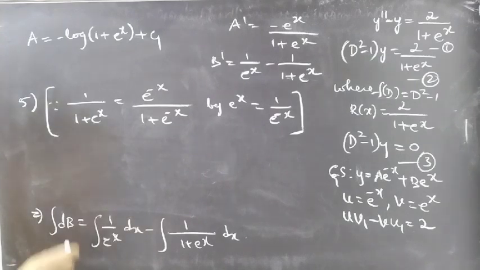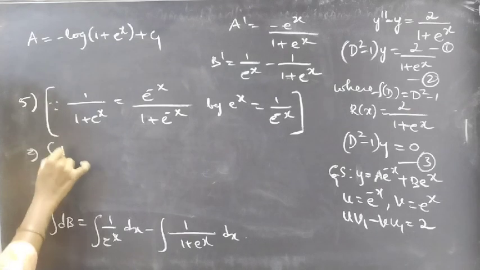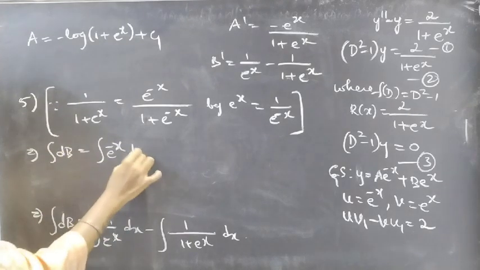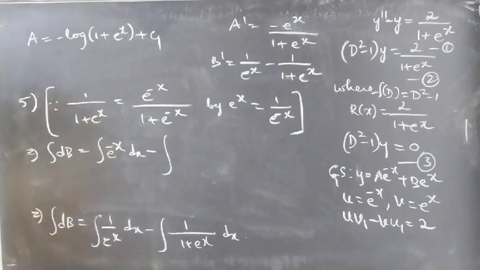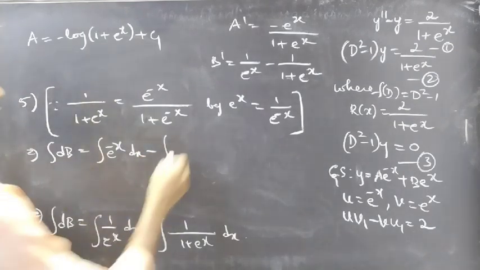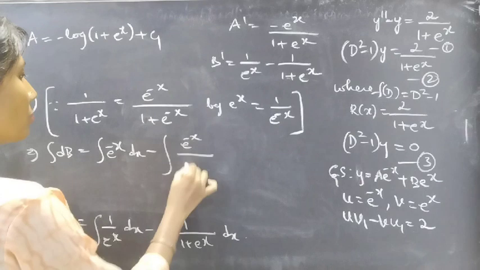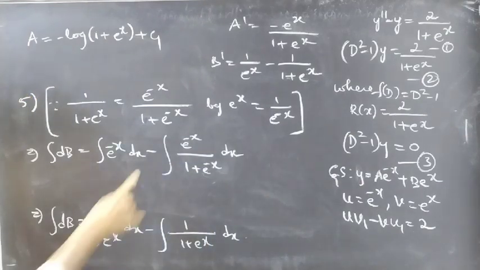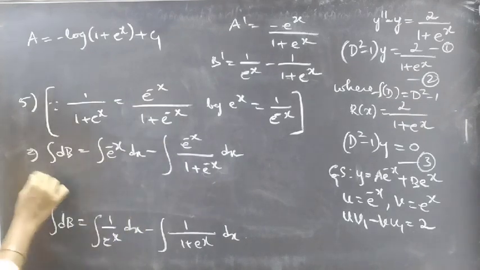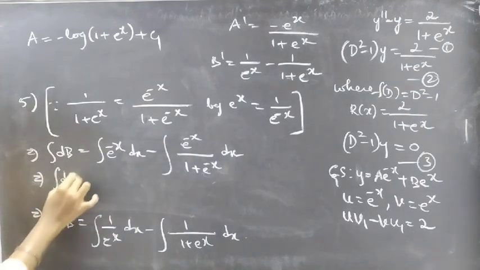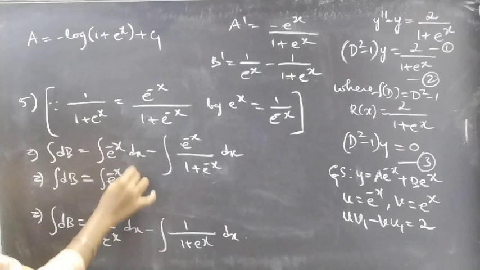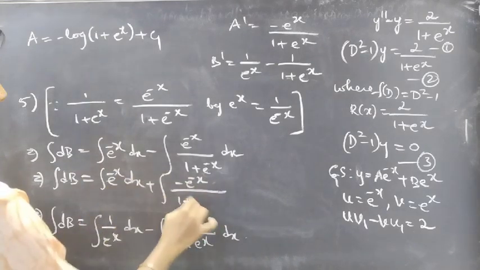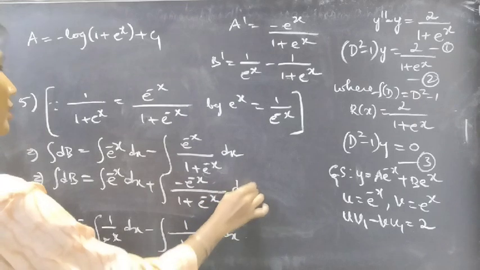So we can write this as the integral of db equal to the integral of 1 by e power x, which is e power minus x, into dx, minus the integral of e power minus x by 1 plus e power minus x into dx. Now in the next step we'll take this minus inside the integral, then we'll get the integral of db equal to the integral of e power minus x dx plus the integral of minus e power minus x by 1 plus e power minus x into dx.